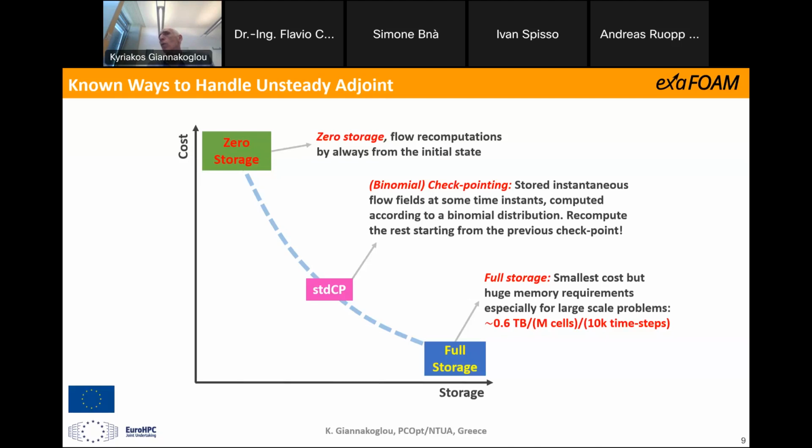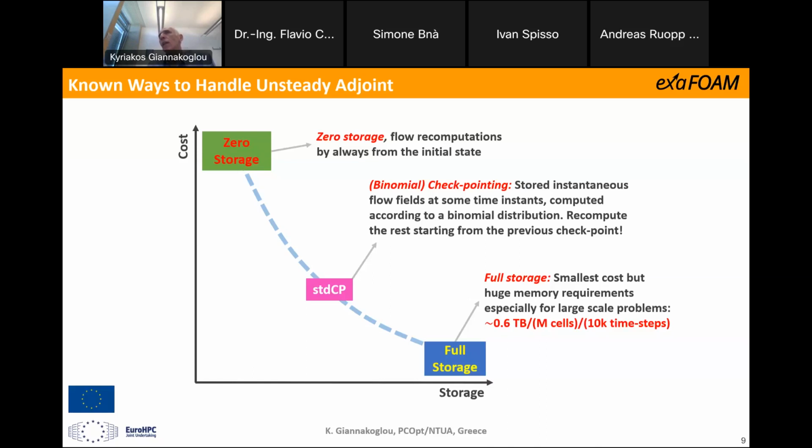So zero storage, but huge recomputations that make the whole optimization turnaround time extremely high. Practically, it is only for the sake of completeness that we are putting zero storage and full storage in such a slide. Practically, in large-scale applications, nobody wants to use them.